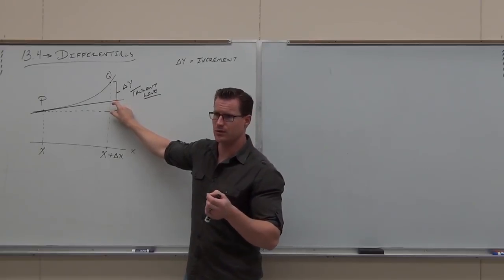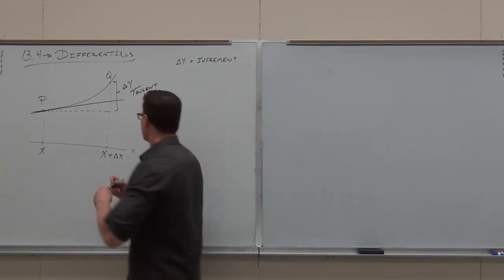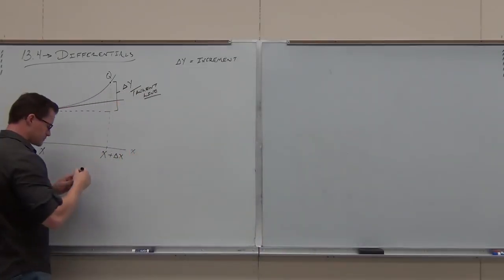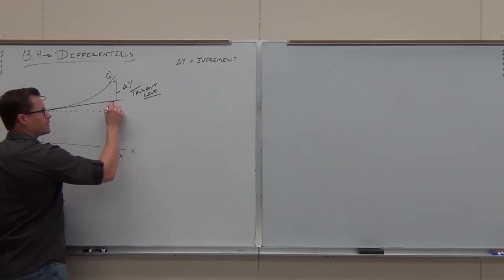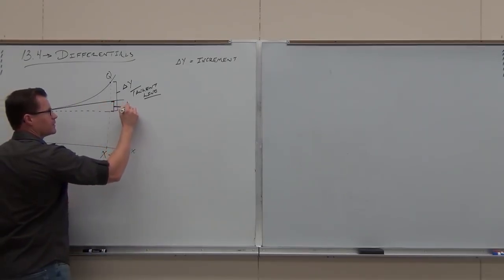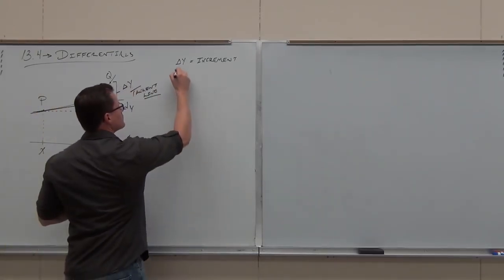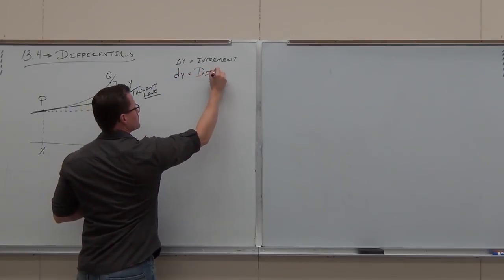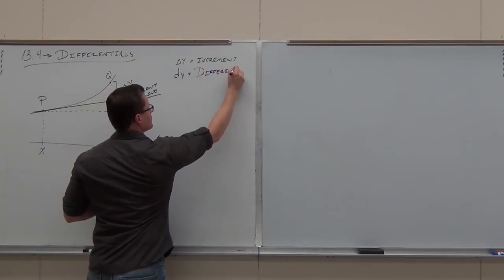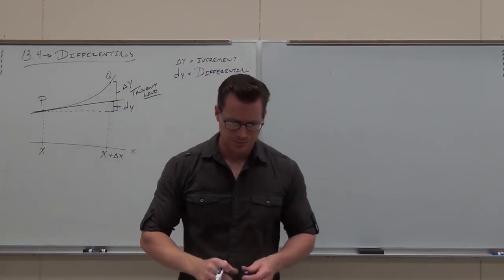That's the differential of y. There's a difference between delta y and dy. So if you've never heard of a differential, this is what a differential means. dy, we consider that to be the differential.